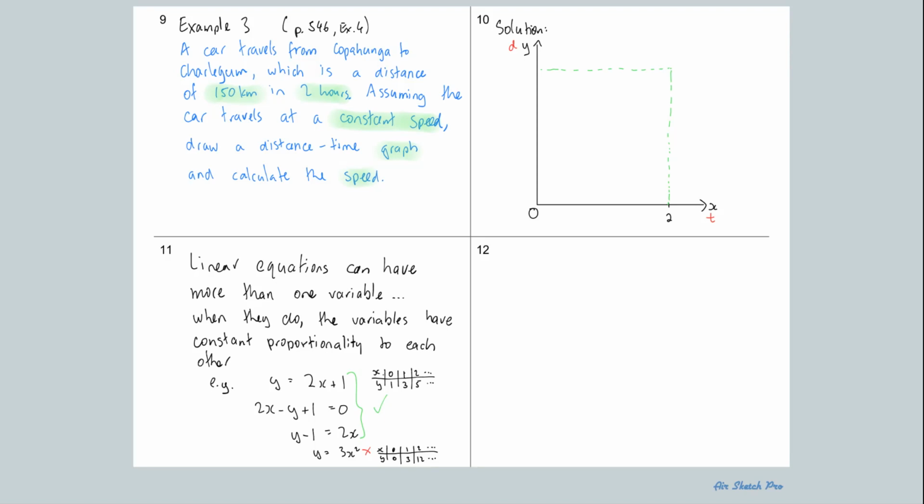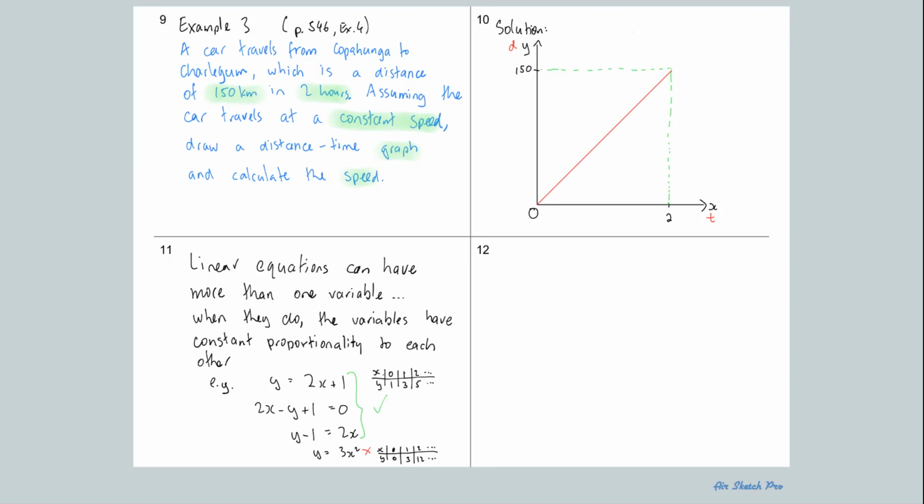That's perfect. And there's 150 labeled. And so my graph would be a straight line going from 0 to 2 on the x-axis and 0 to 150 on the y-axis. That's our distance time relationship.